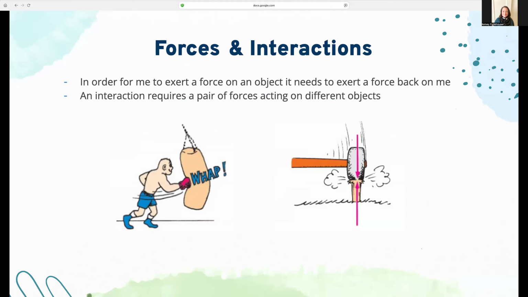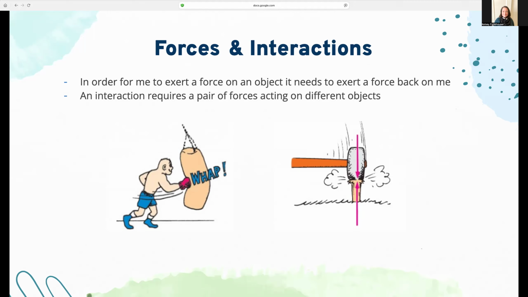And let's talk a little bit about forces and interactions now. So in order for me to exert a force on an object, it needs to exert a force back on me. If I push my hand into the wall, there is a support force, or that normal force, pushing back on my hand.